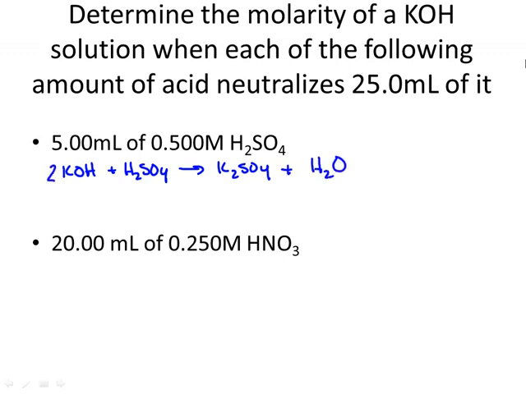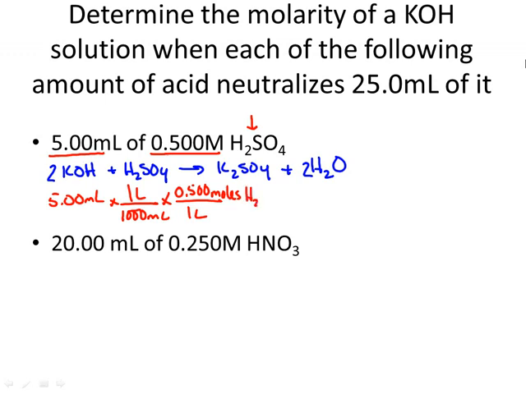I'll need 2 KOHs and 2 waters. Now I see I've been given 2 pieces of information about H2SO4, so that's where I'm going to start. 5.00 milliliters, 1,000 milliliters in 1 liter, 1 liter is 0.500 moles of H2SO4.